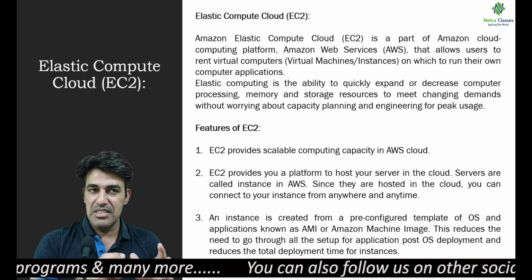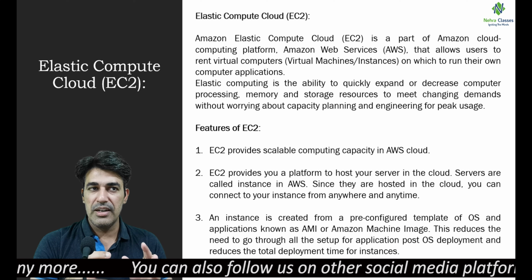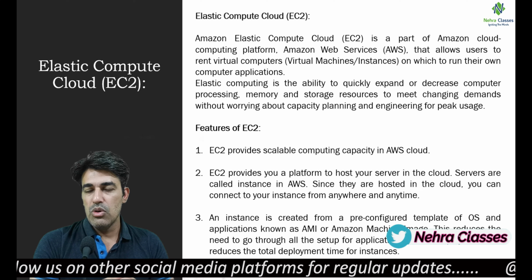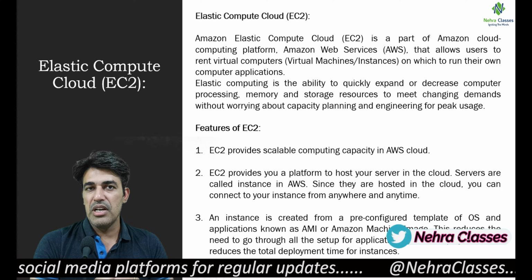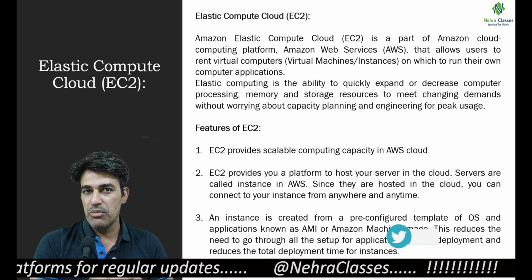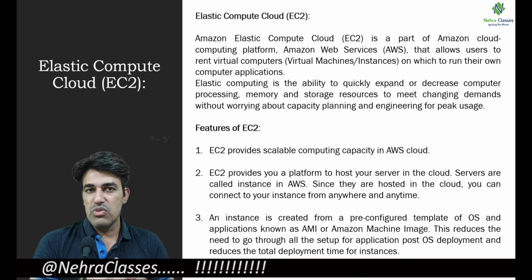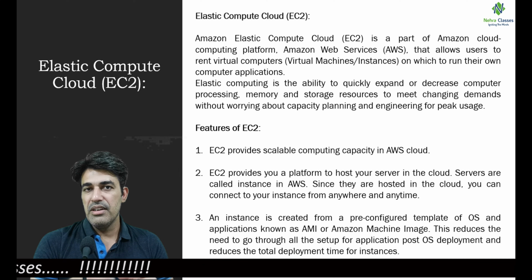So from this elastic computing, we are using the word here elastic compute. Amazon Elastic Compute Cloud or EC2 is a part of Amazon Cloud Computing Platform or AWS that allows users to rent virtual computers on which they can run their own computer applications.